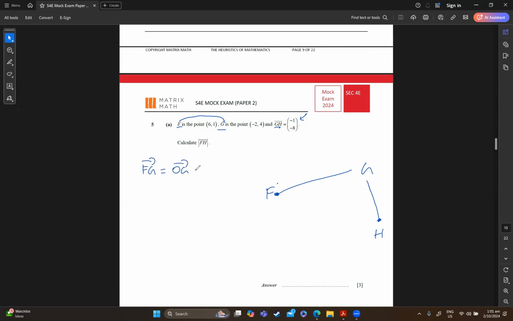It's OG minus OF. So OG minus OF is -2, 4 minus -6, 1. So then I get -8 and 3. So FH will be equal to FG plus GH.